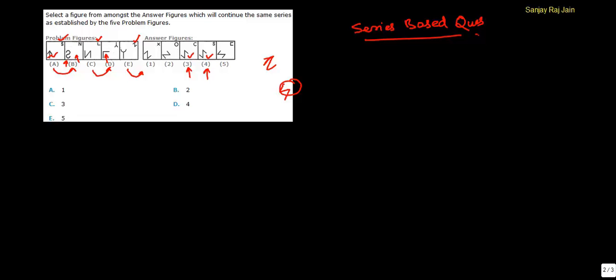Now the second condition was that these elements are replaced by a completely new element. But out of these two figures, this element is an old element which appeared earlier also. So this is a completely new element, C. So this is the required answer. So answer choice C would be the correct choice.